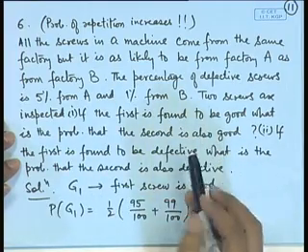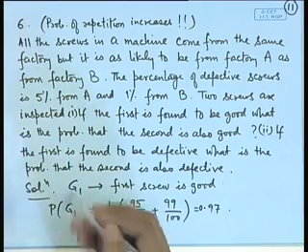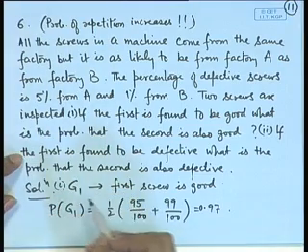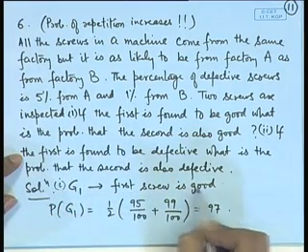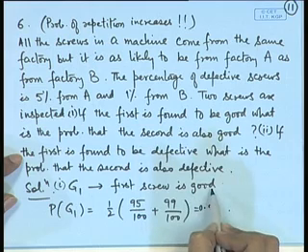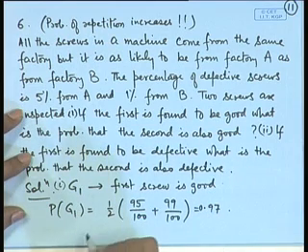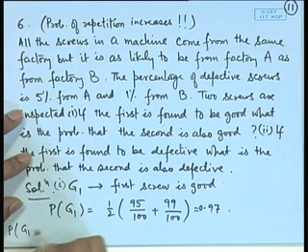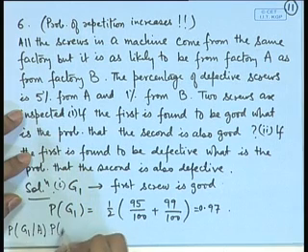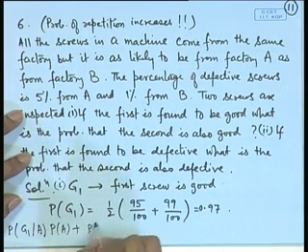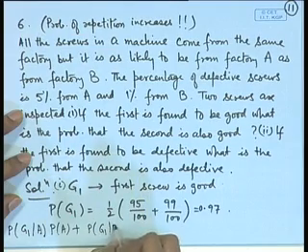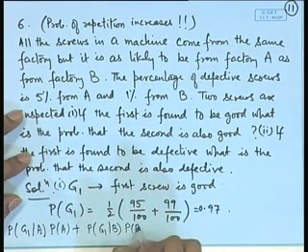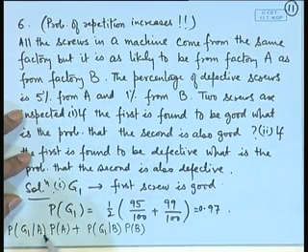In order to evaluate this, let us define the events. Let G1 denote the event that the first inspected screw is good. Then what is the probability of G1? By the theorem of total probability, it is probability of G1 given A into probability of A plus probability of G1 given B into probability of B. Now, probability of A and probability of B are half.